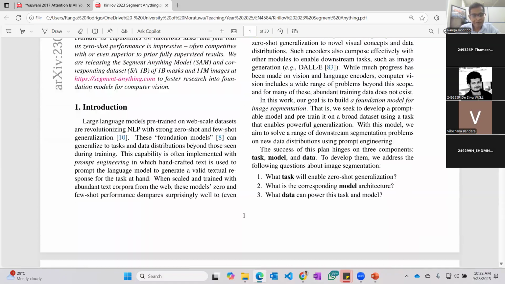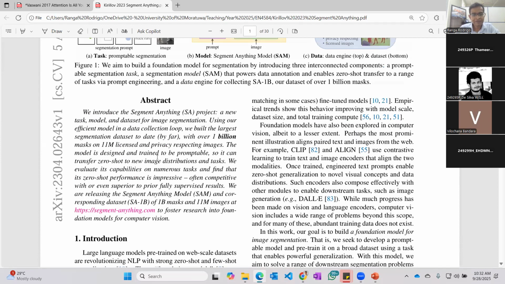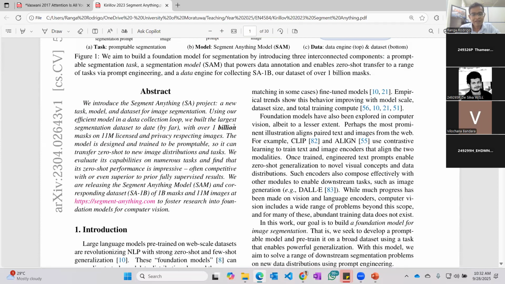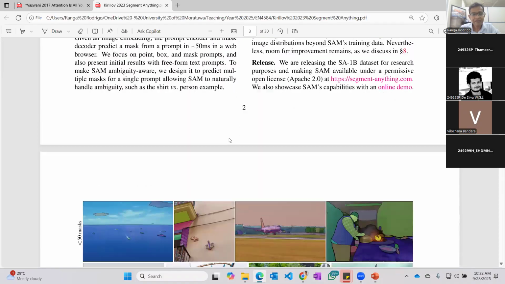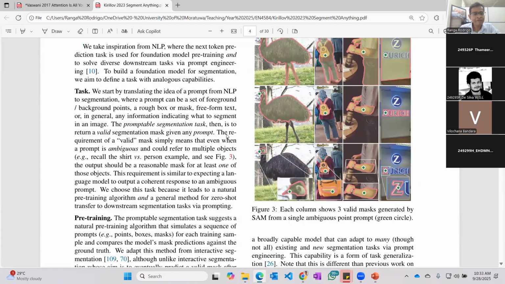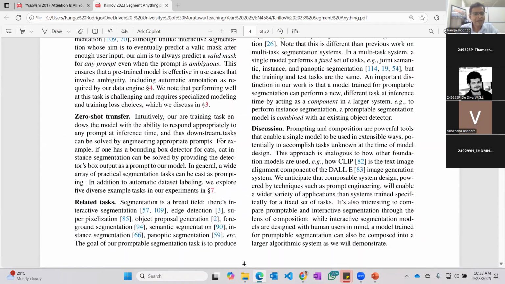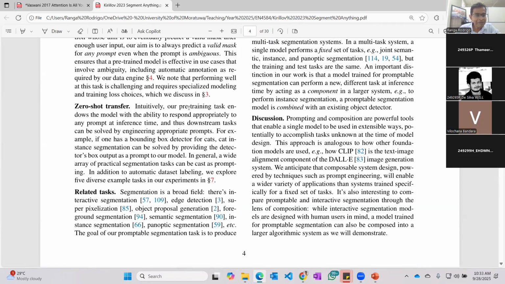Then what is zero-shot? Intuitively, our pre-training task endows the model with the ability to respond appropriately to any prompt at inference time.